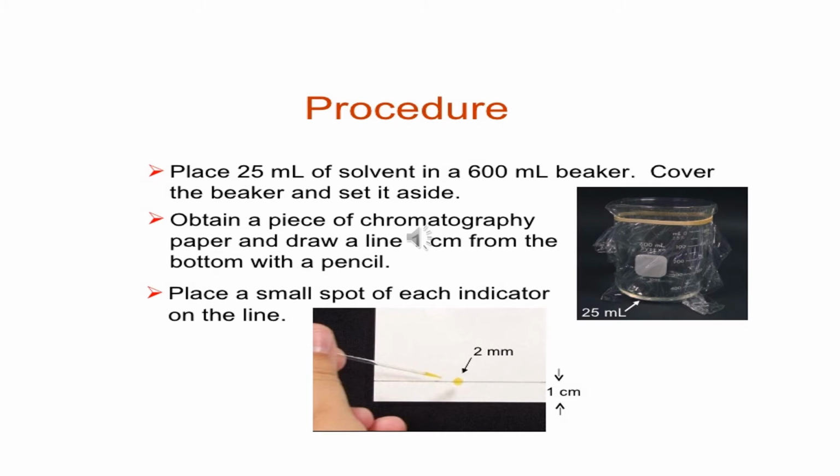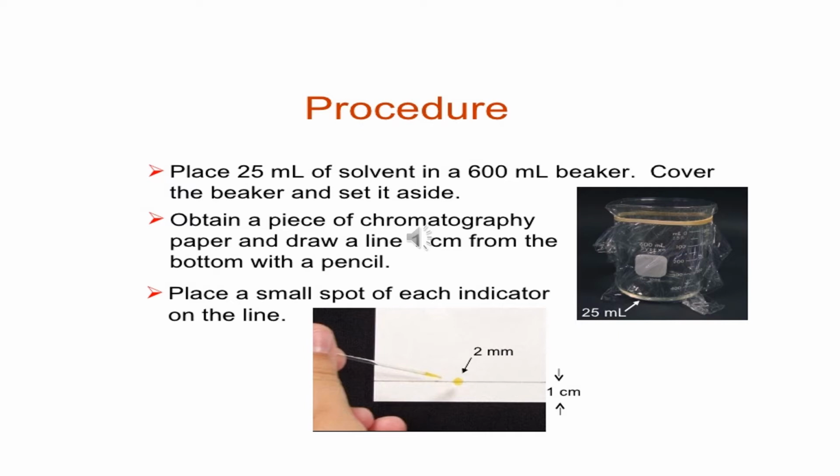Procedure of paper chromatography: place 25 ml of solvent in a 600 ml beaker. Then cover the beaker and set it aside for saturation of the chamber. Then obtain a piece of chromatography paper and draw a line 1 centimeter from the bottom with a pencil.